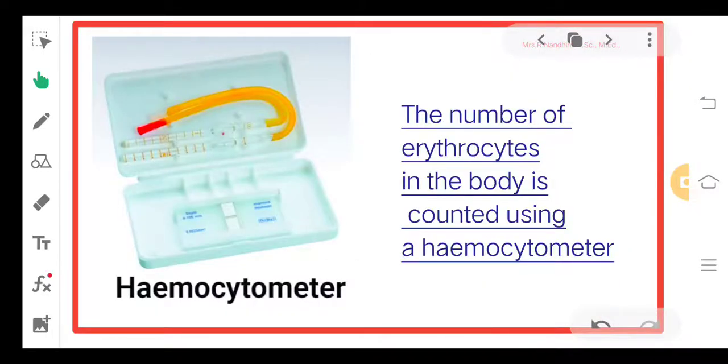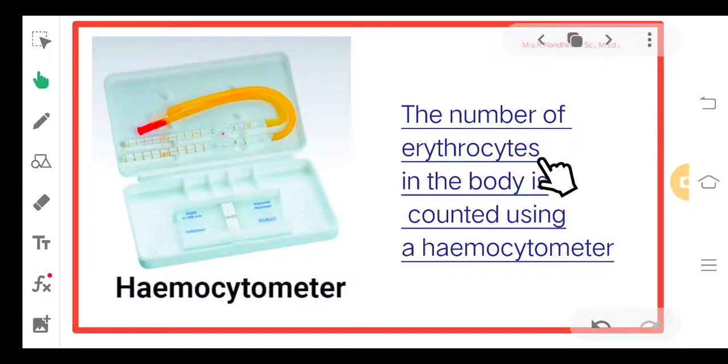Then the hemocytometer. This is the hemocytometer. It is used to count blood cells: white blood cells, red blood cells, platelets. All blood cells are counted by the hemocytometer.